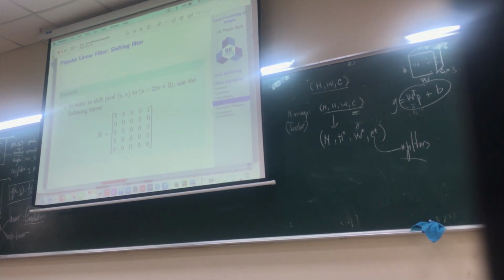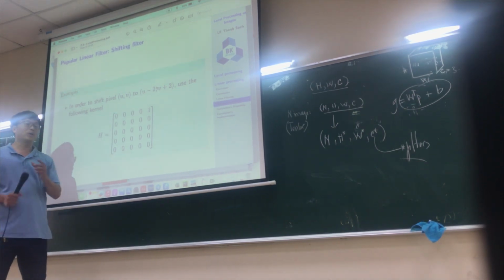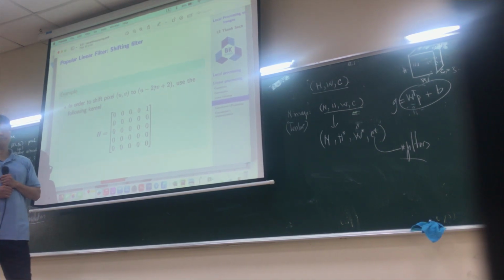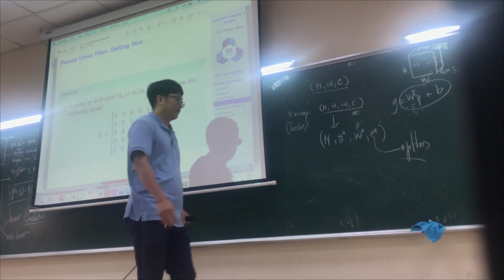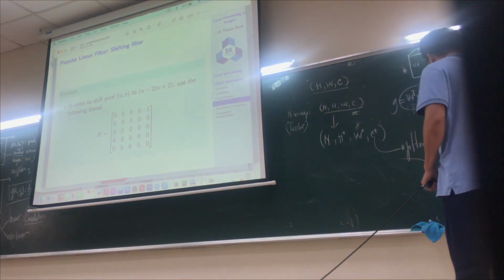And now, what happens if you shift? Again, my question: if you apply a kernel here with convolution, right, what does the output image look like? Here is the center, right? Here is the input image.